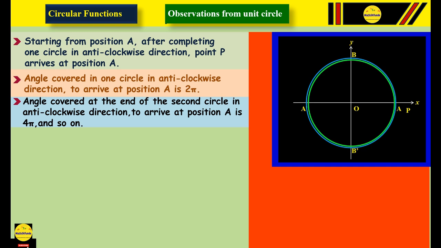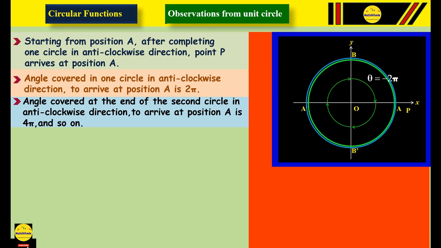Now, why does point P have to move in anti-clockwise direction only? It could have moved in clockwise direction. Just think that point P is moving in clockwise direction and it reaches back to position A after completing one circle. What would be the angle?